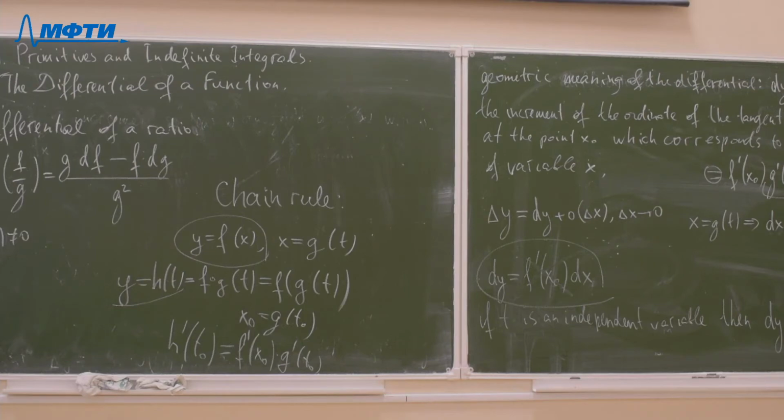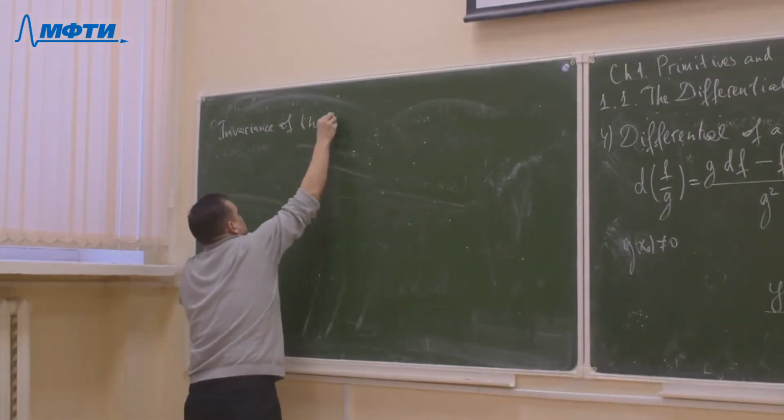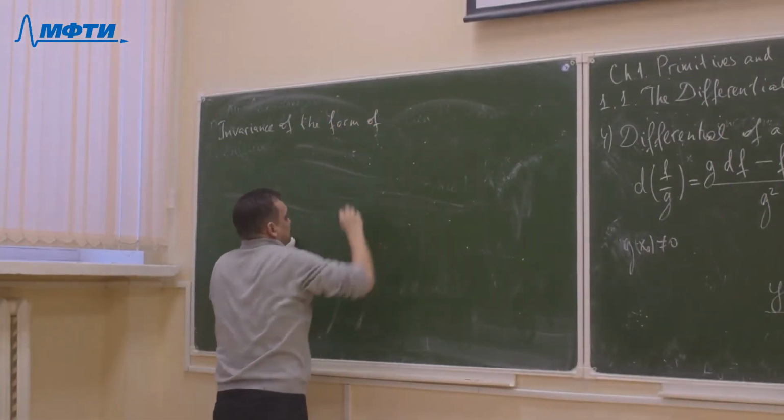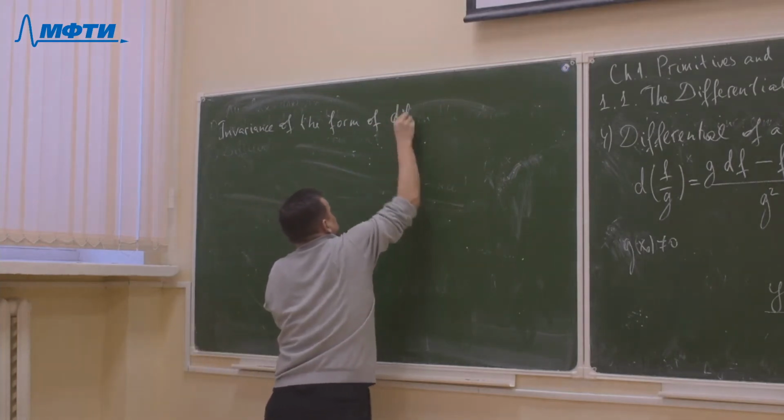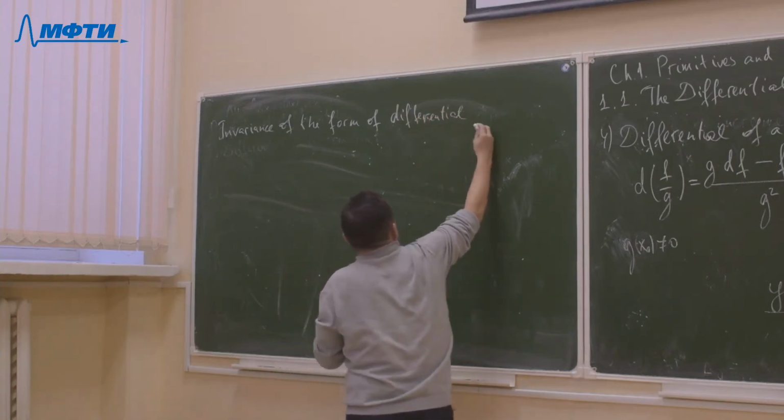Doesn't matter. This property is called invariance, so maybe I should write it down explicitly. What we have proved is called invariance of the form of the differential, first order.